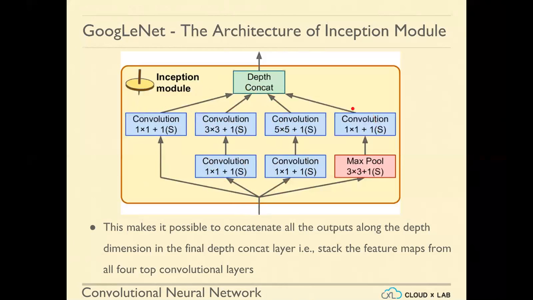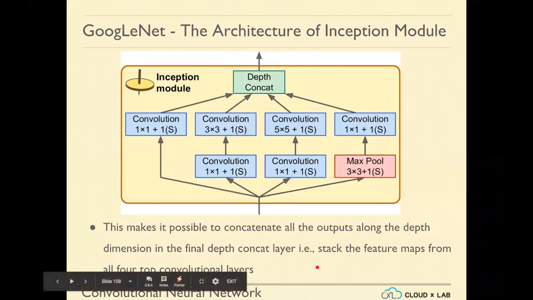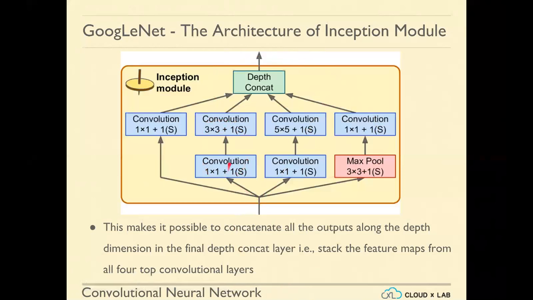And similarly here. Then all of those feature maps are concatenated, or stacked on top of each other. That's what is going on here. So our image is passing through these two layers.